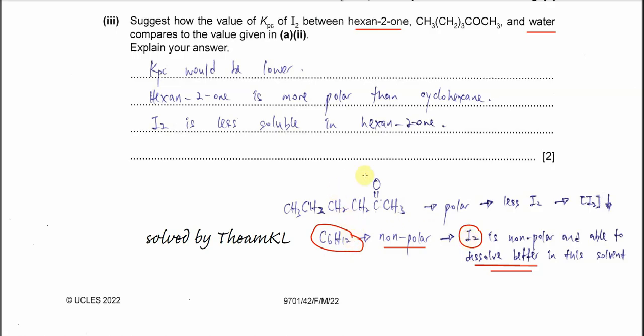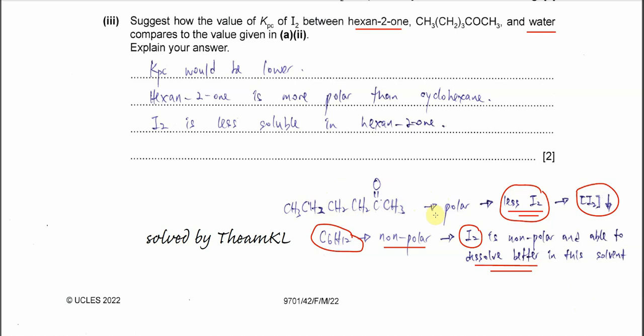And this ketone is a relatively polar solvent. So iodine will dissolve less, meaning the amount of iodine will be lower in this ketone. So we expect the concentration of iodine to be much lower compared to cyclohexane because iodine doesn't dissolve well in this ketone.